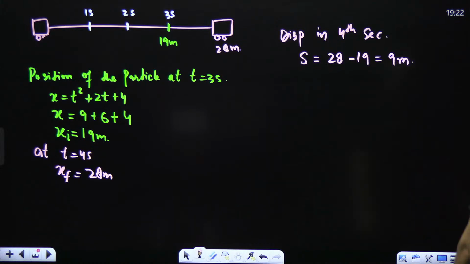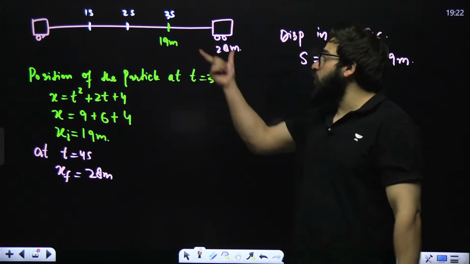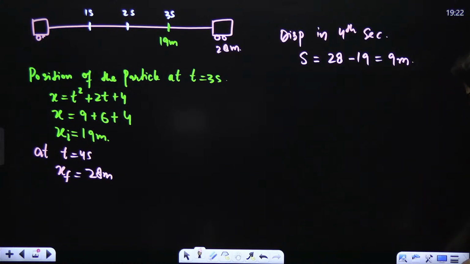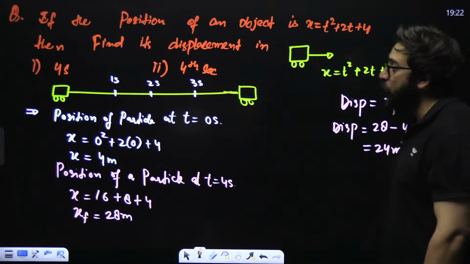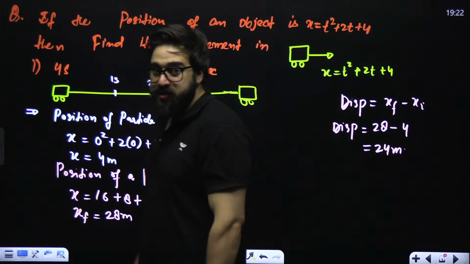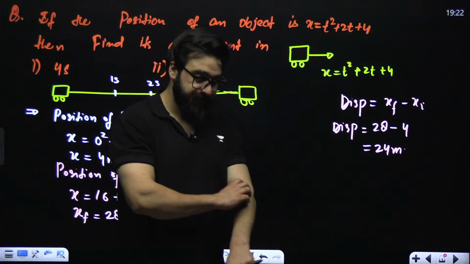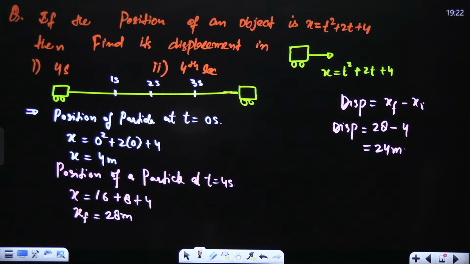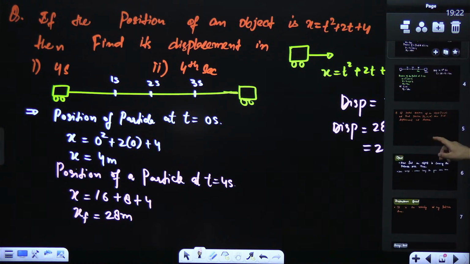So this was the displacement in the fourth second, and the previous one was the displacement in 4 seconds. Guys, give me the signal in the chats if everything is clear and sorted.